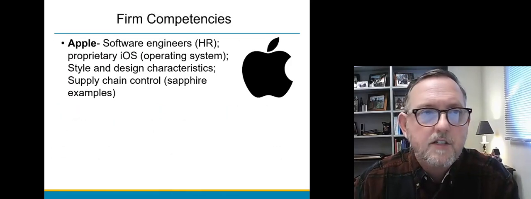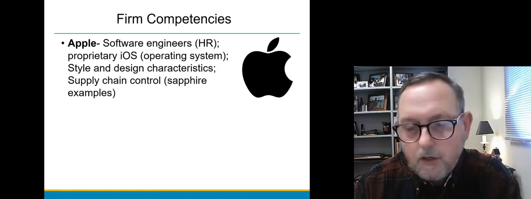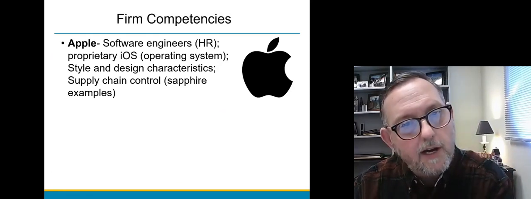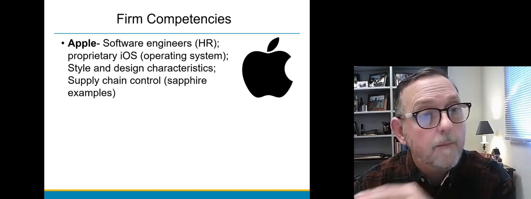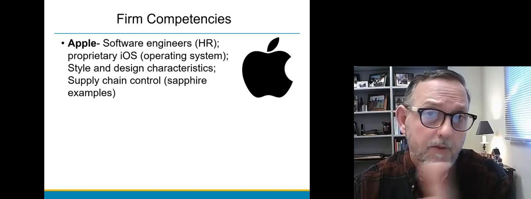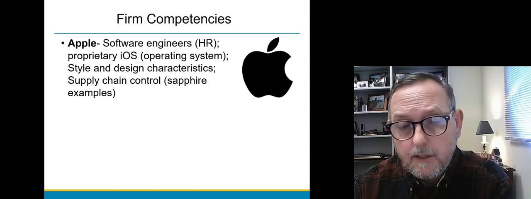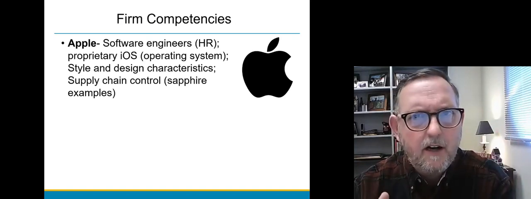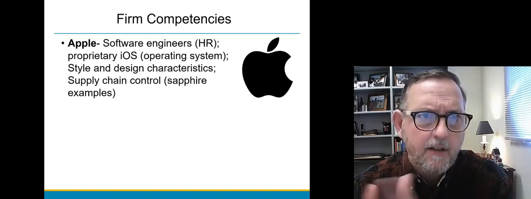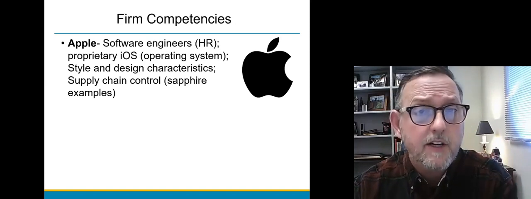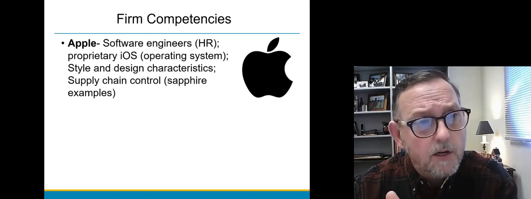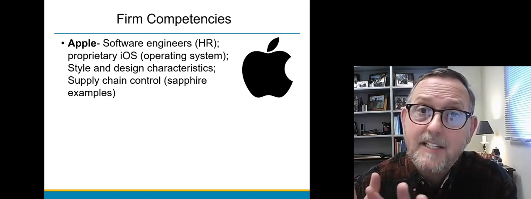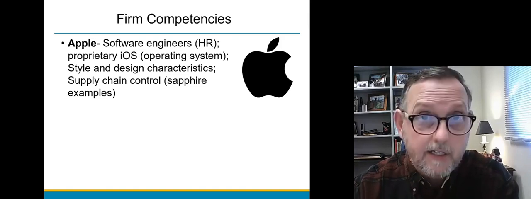If you wanted to think about some examples, maybe you could just run through, hey, I know a brand, they do this really well, and that sets them apart. Apple, the tech company, has unbelievably great software engineers, right? But there are other companies that have great software engineers too. They're not the only ones. They also have, though, a proprietary and patent-protected operating system.